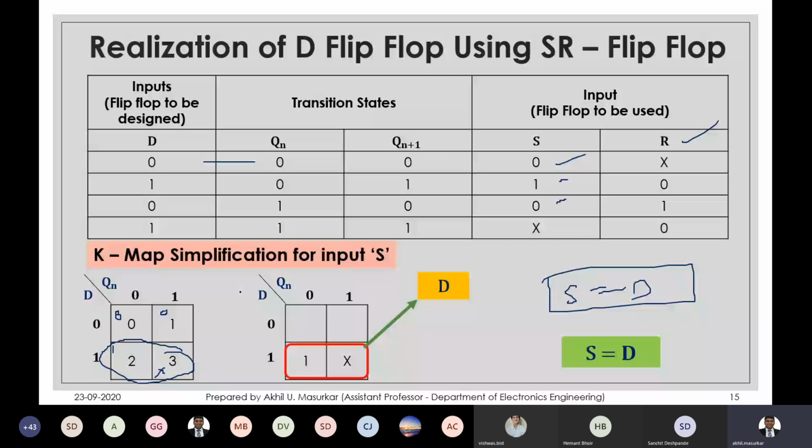And the K-map simplification for R would be just this.